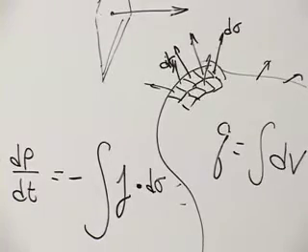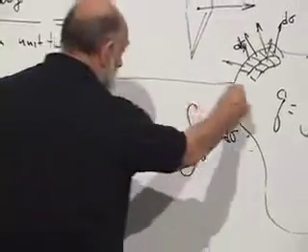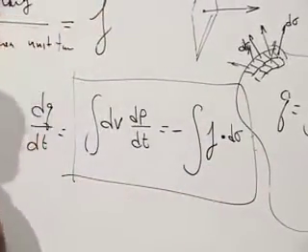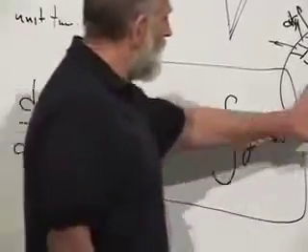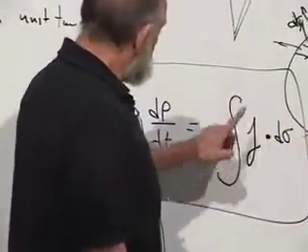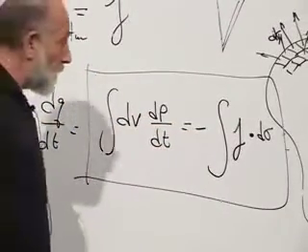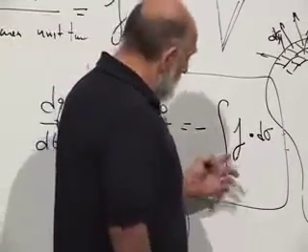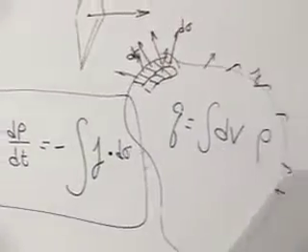And this is a theorem now, or if you like, perhaps it's a law of nature rather than a theorem, that the time rate of change of the charge on the inside is equal to the flux of charge passing out through the surface of the balloon. And that's given by the integral of the current dotted into d sigma.